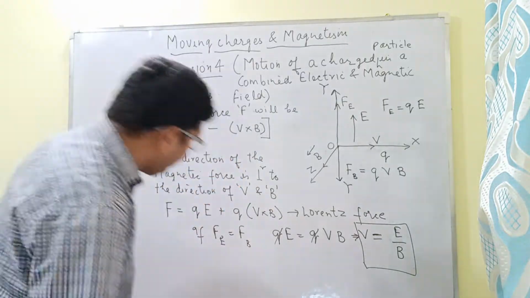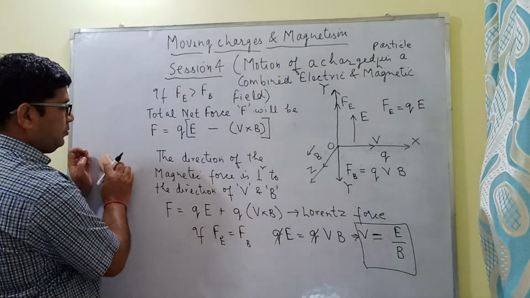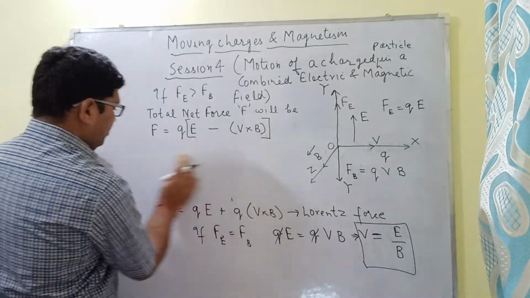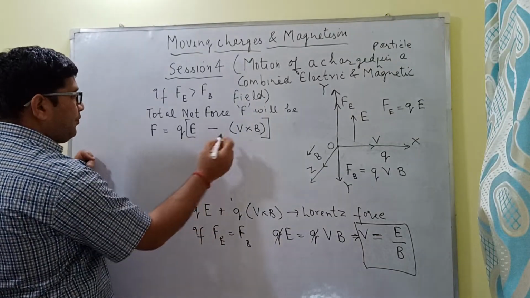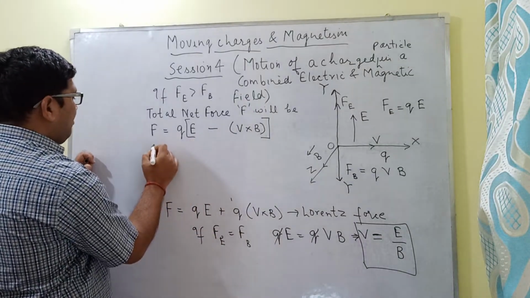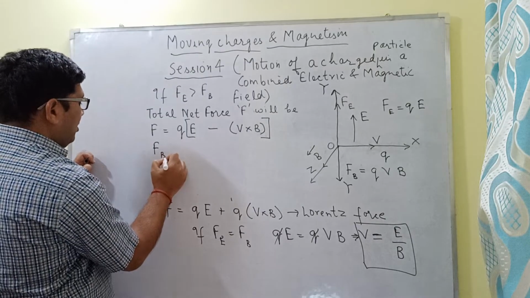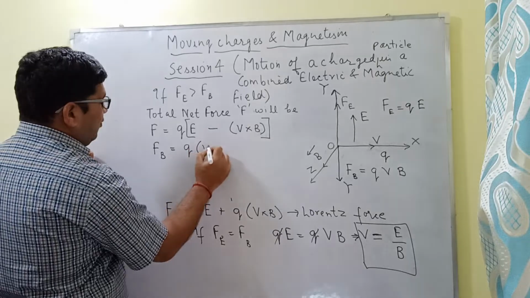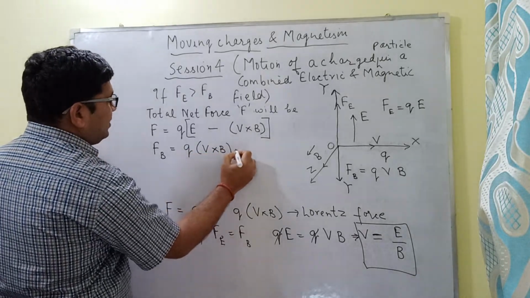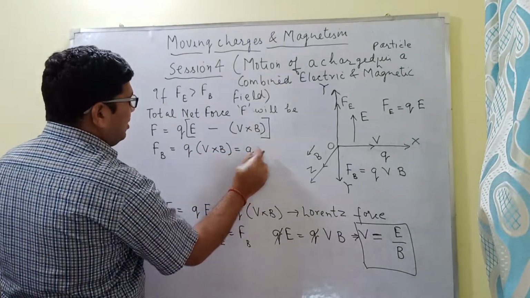Now this magnetic force FB को हम कैसे लिख सकते हैं? FB is equal to Q V into B. Now in this case हम इसको क्या लिख सकते हैं?